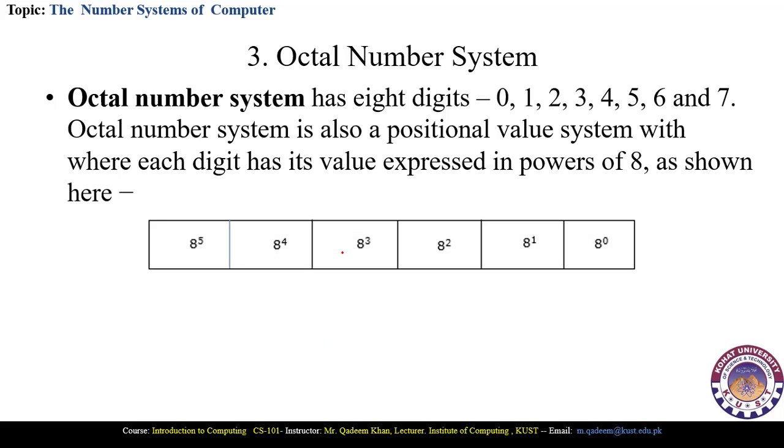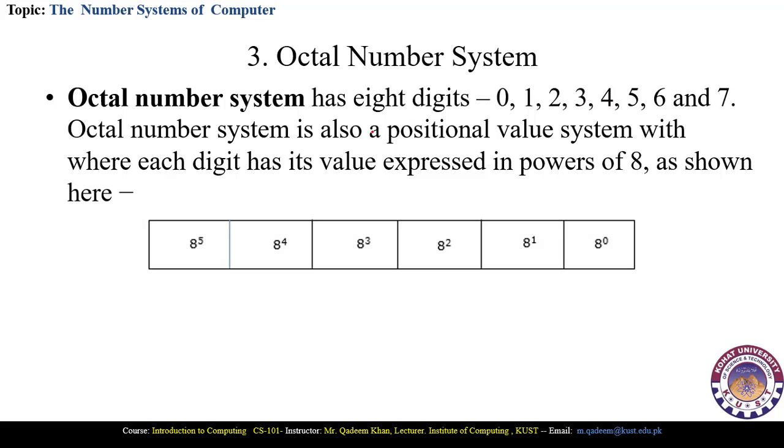Now the third number system is called the octal number system. As its name indicates, the octal number system has the base 8, because octal means 8. So there are only 8 digits in this system: 0, 1, 2, 3, 4, 5, 6, and 7.